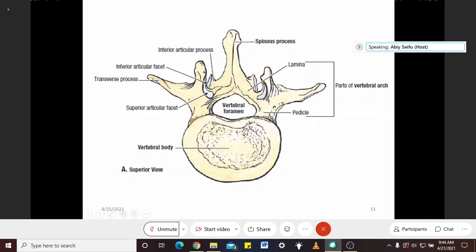Those three processes arise at the point where the two parts of the vertebral arch are fused. The lamina is flat in structure and fuses posteromedially, giving one process, which is the spinous process.